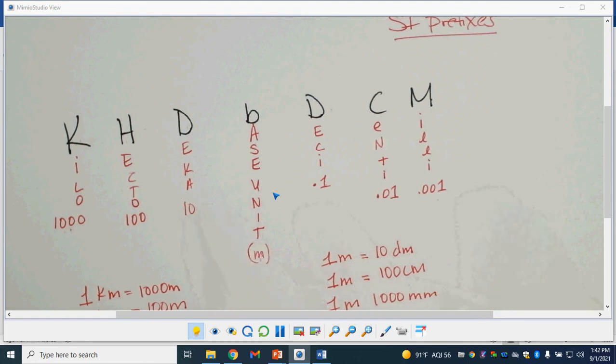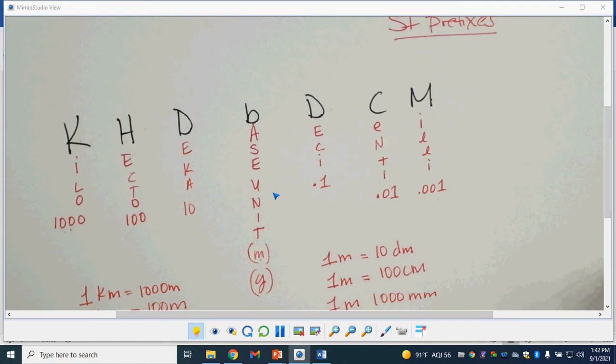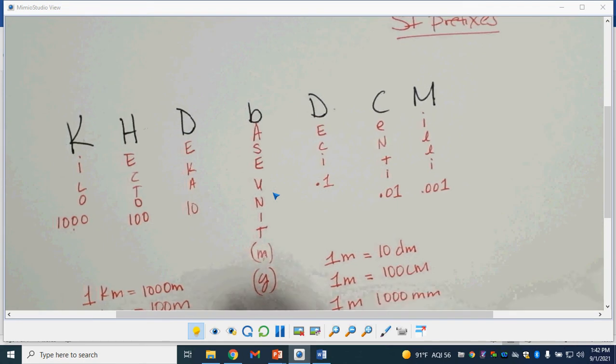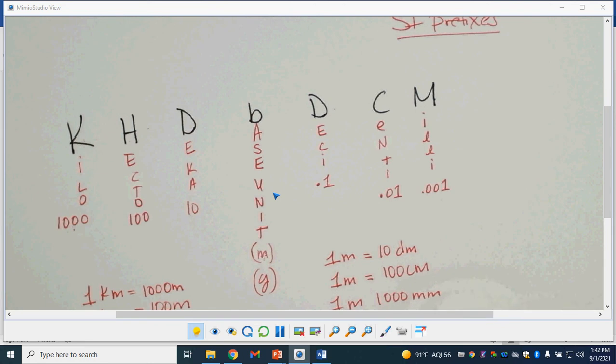And again, our base unit could change. I could put grams in here, and it's going to be the same thing. If I have 1 kilogram, I will have 1,000 grams. Or 1 gram is equal to 10 decigrams. Or 1 gram is equal to 100 centigrams. So the base unit can change.